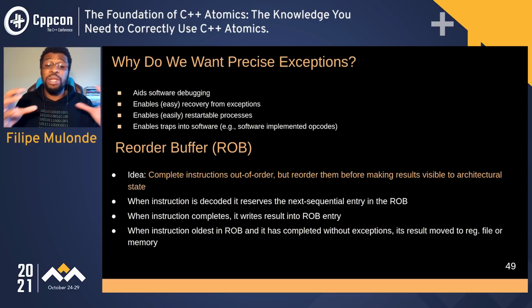And when an instruction completes out of order, it writes the result in the reorder buffer entry. And when the instruction is the oldest in the reorder buffer, and it has completed without exception, we can move the result to the register file or to memory. That is how we provide precise exception.